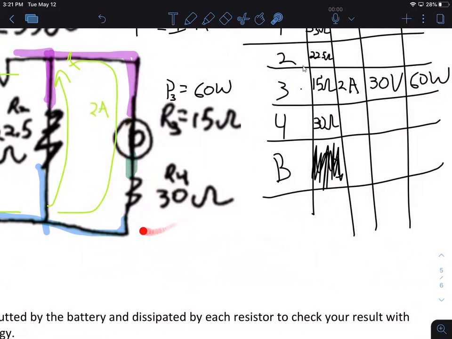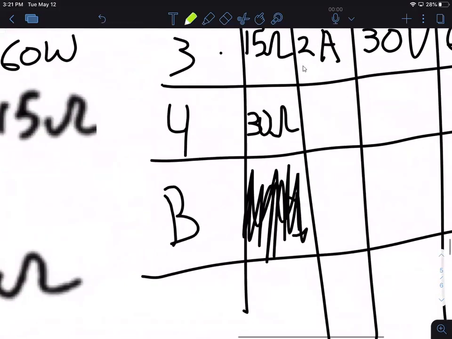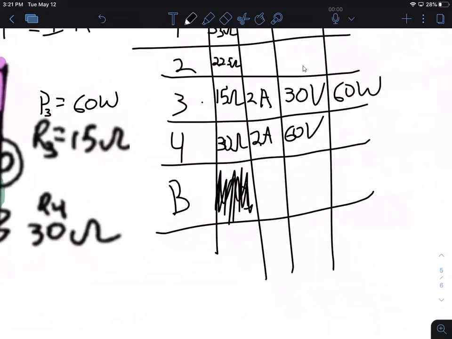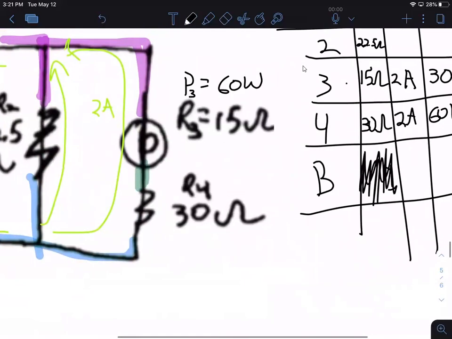It's also going through this 30 ohm resistor. So I can add the 2 amps to that one. 30 ohms, 2 amps, delta V of 60. I'm not going to find the powers unless I see it's necessary later.